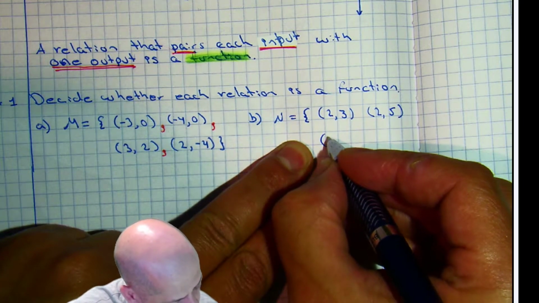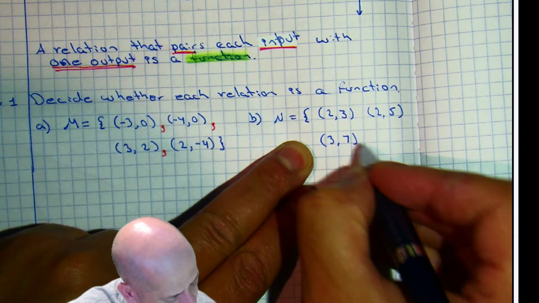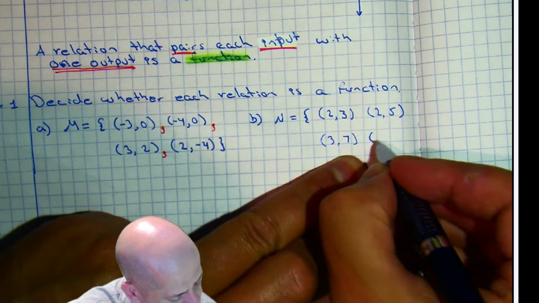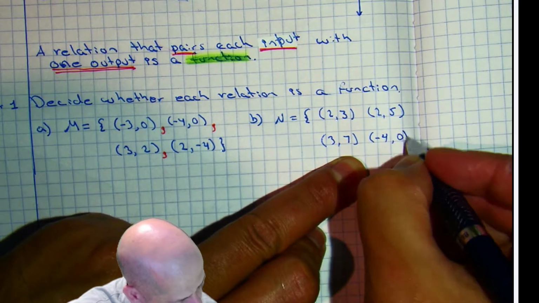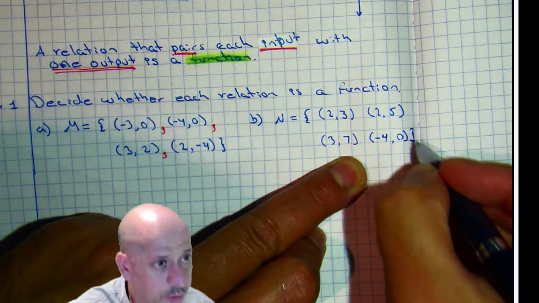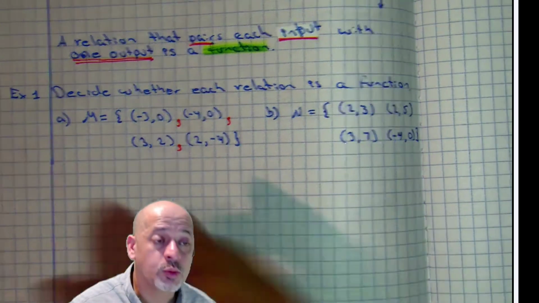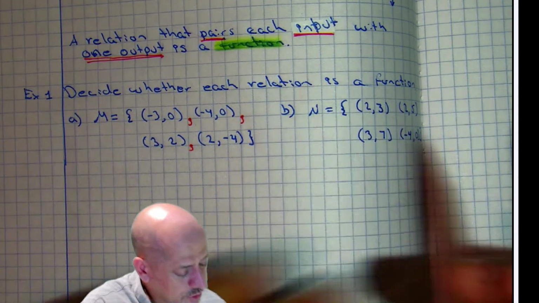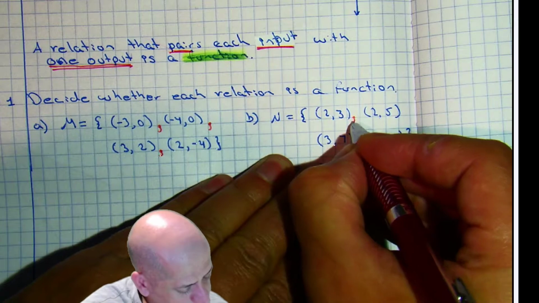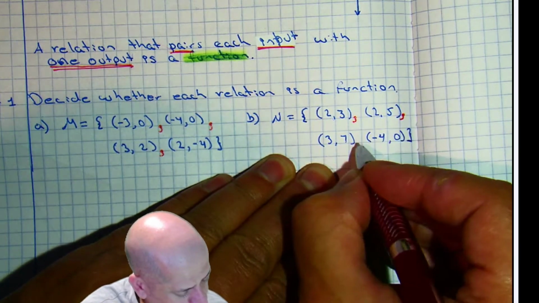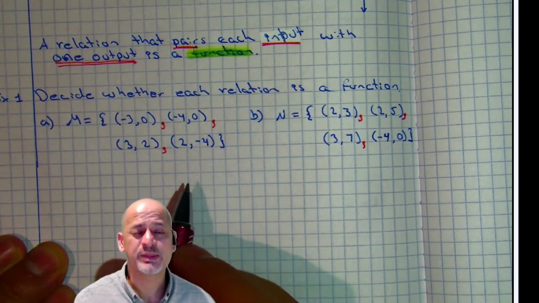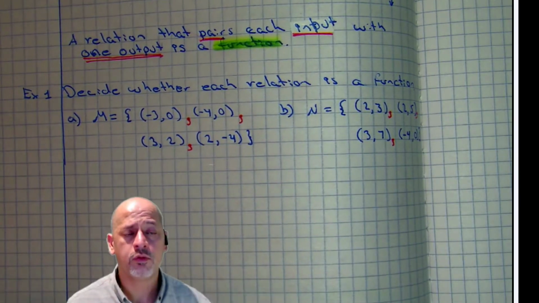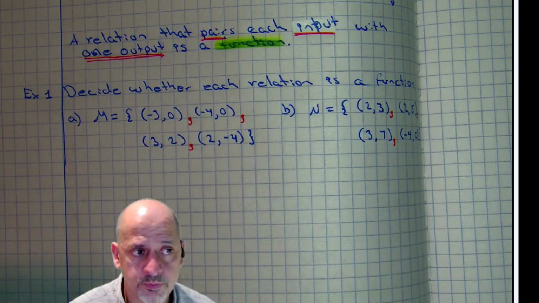We have 3, 7. And the last one that we have is -4, 0. Then we're going to close our brace. And then we're going to place commas in between. So we use this type of notation in pre-calculus and in algebra 2. We have just the braces, basically just a group of points.